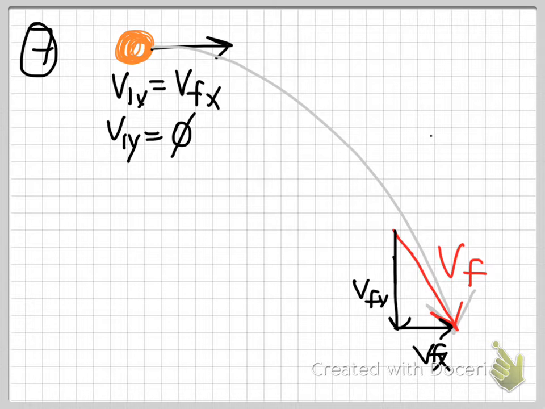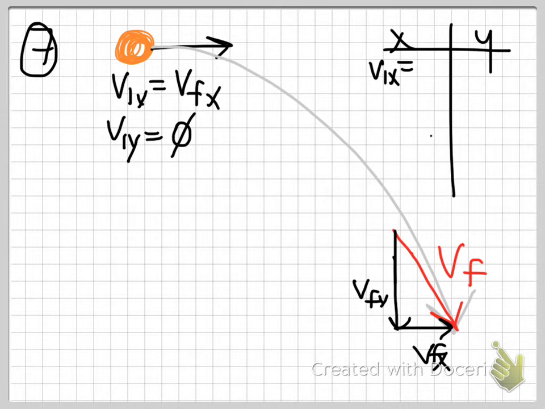Does that make sense? Are we good with that? Absolutely. So if we go back and do the two axes listing, VIX, A sub x, well, acceleration on the x is equal to 0, which means the velocity on the x-axis is not changing. Well, if it's not changing, then whatever x velocity it started with is the same x velocity it ends with. So VIX equals VFX, which also equals the entire VI, because VIY was equal to 0.